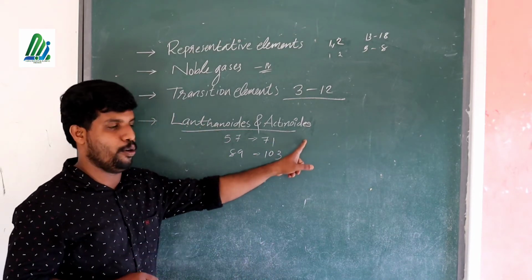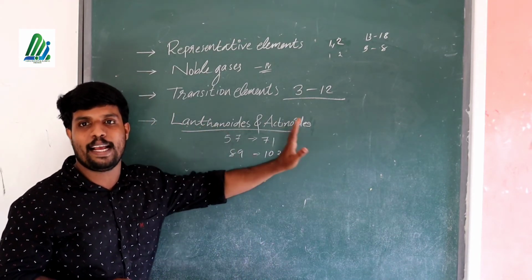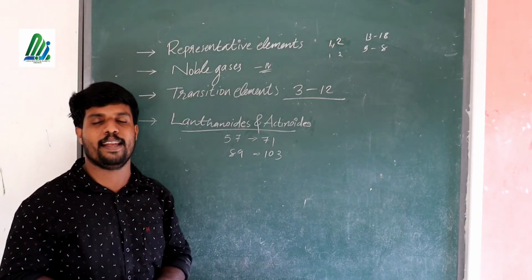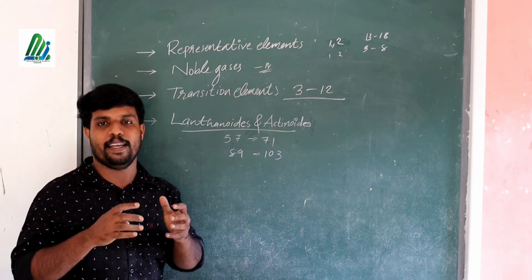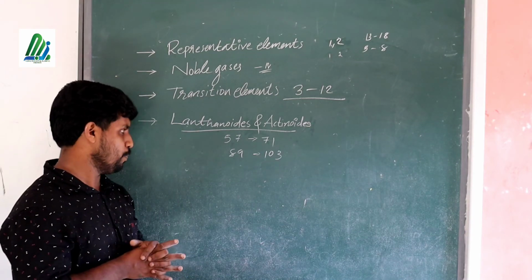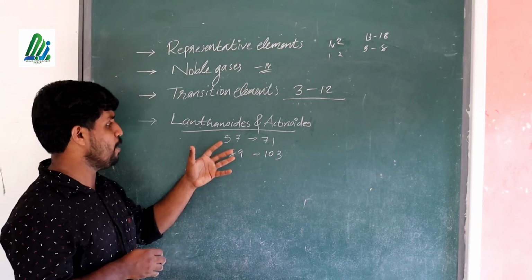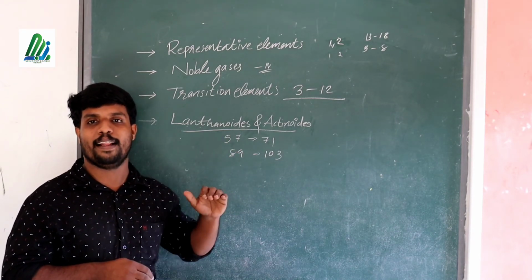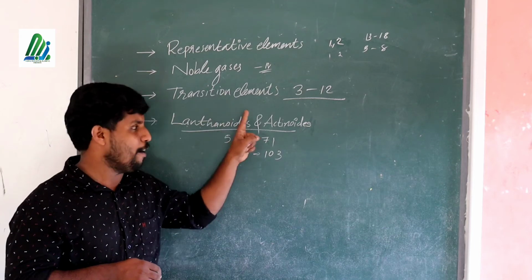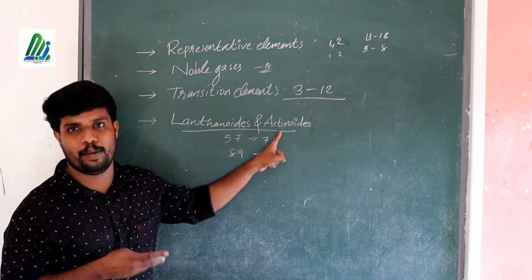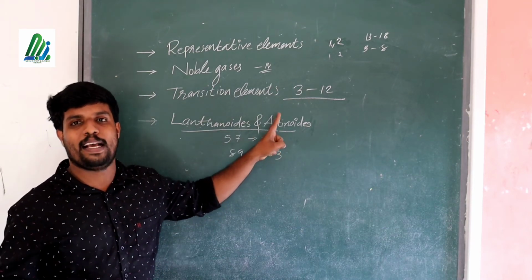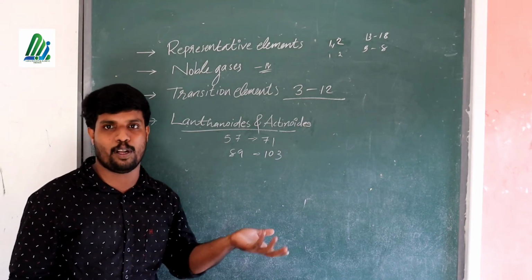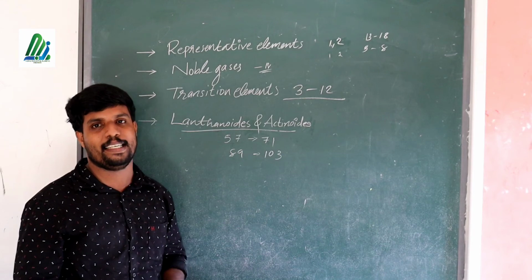These lanthanoids and actinoids are generally known as inner transition elements, 57 to 71 and 89 to 103. Actinium's symbol in the periodic table is Ac. They are f-block elements, or inner transition elements.